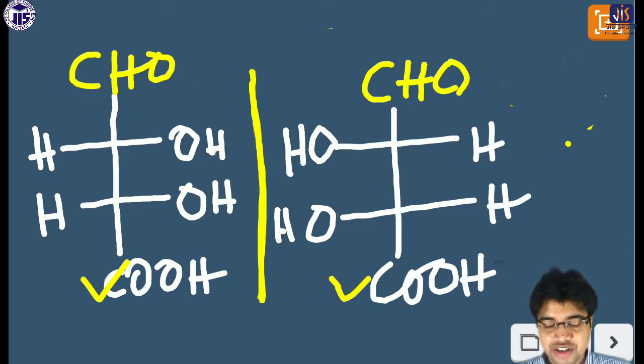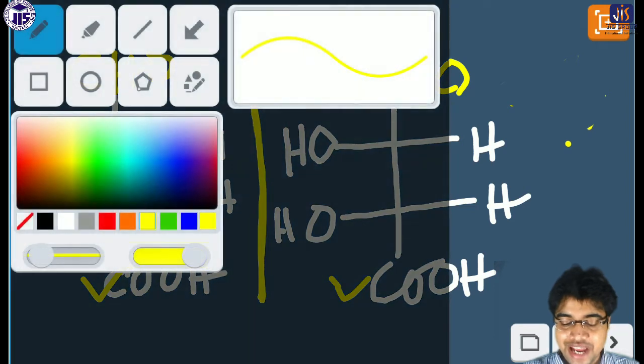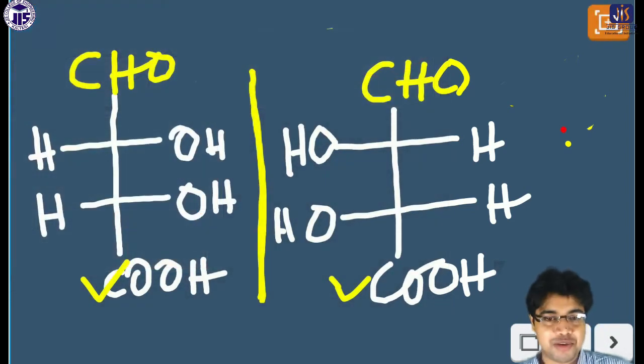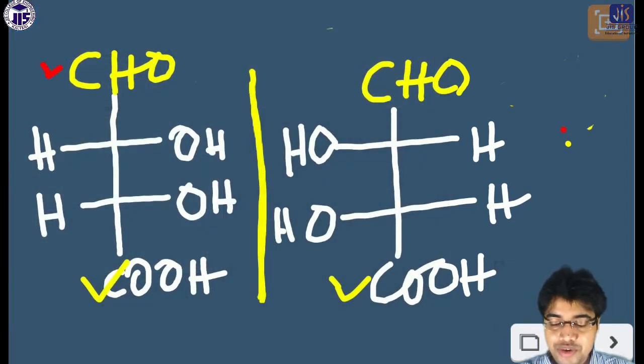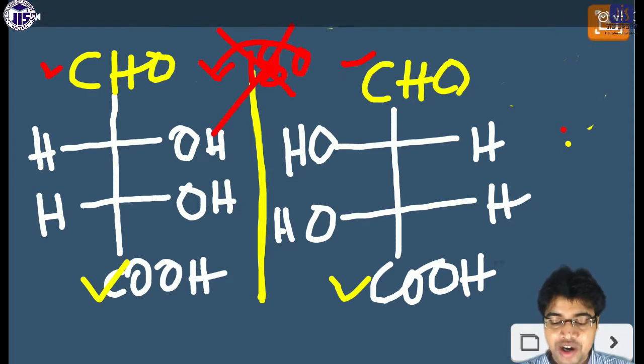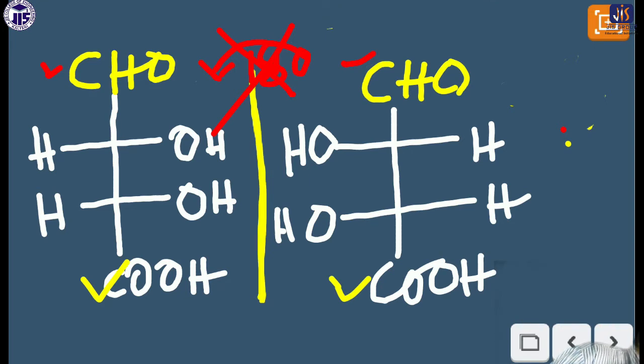Now the relationship between these two compounds is that they are actually enantiomers. They become enantiomers because these two groups are changed. So you can't rotate 180 degrees, because if you rotate 180 degrees, then what happened?